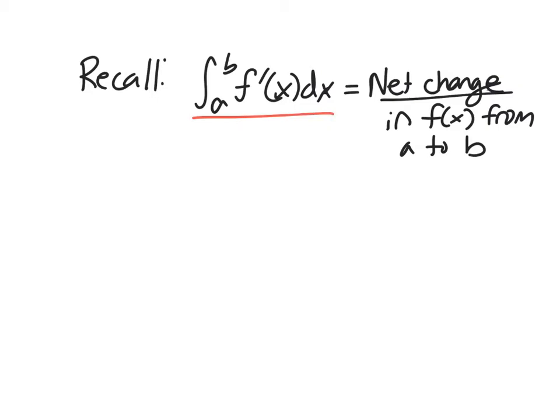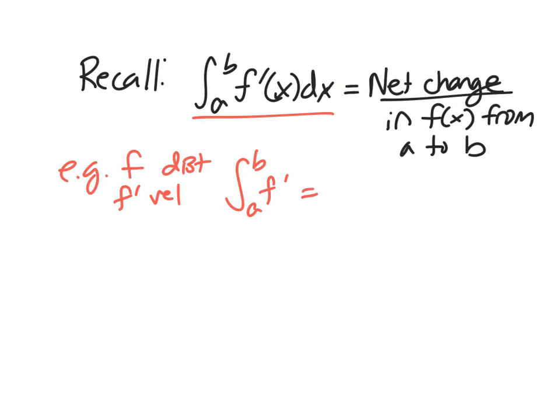So for example, in our common example of distance, where f is distance and f prime is velocity, if you take the integral from a to b of your velocity function, this is going to be the net distance traveled over that interval of time. Net distance over the interval from a to b.